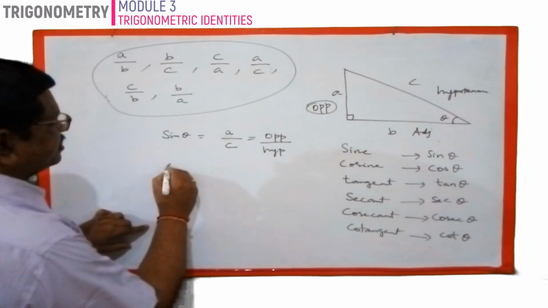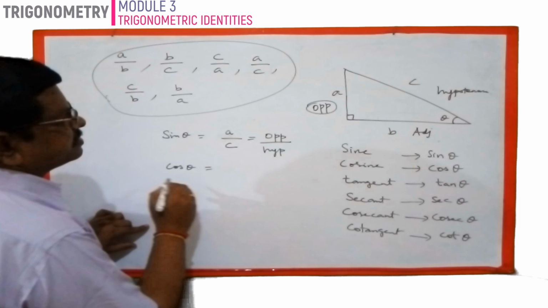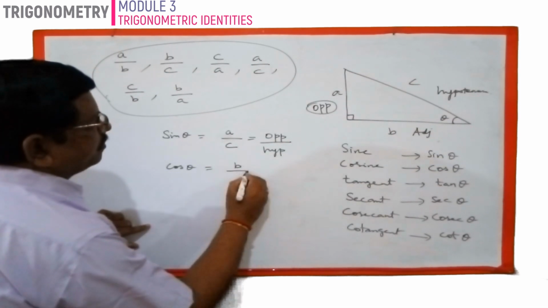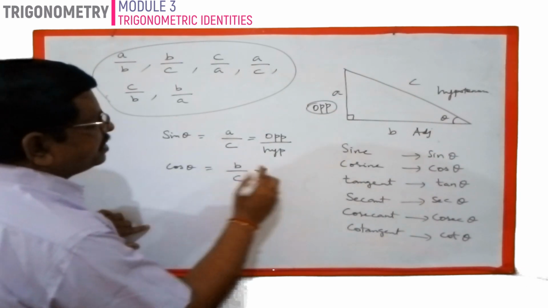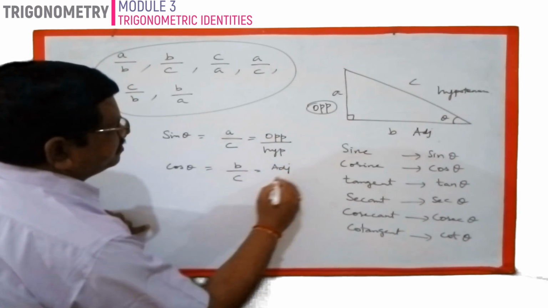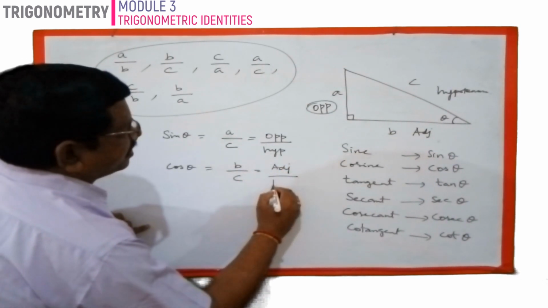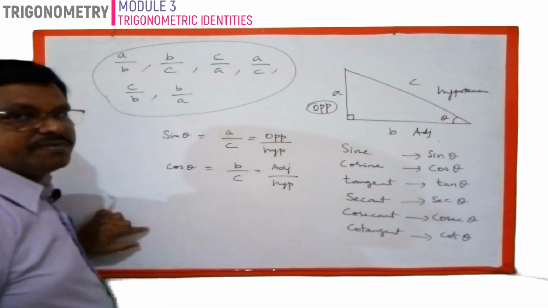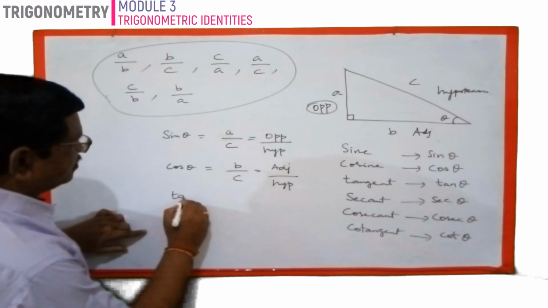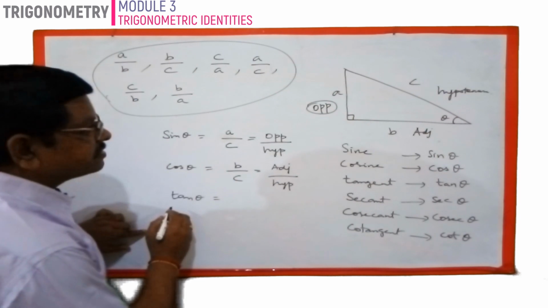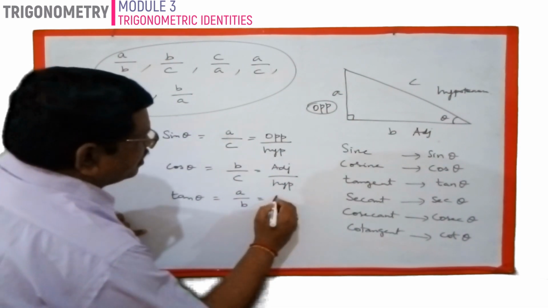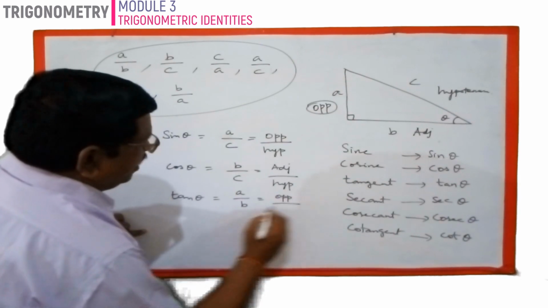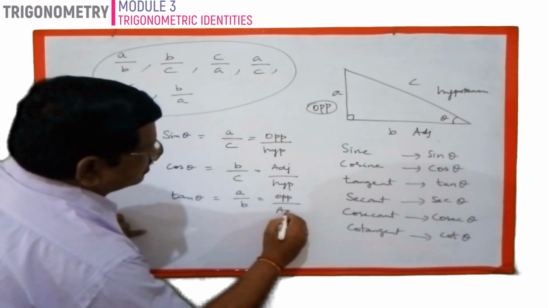Now what is cos theta? Cos theta is the ratio of side B and side C. Side B is nothing but the adjacent side, and side C is nothing but the hypotenuse. Now tangent or tan theta is nothing but A by B. A is the opposite side and B is the adjacent side.